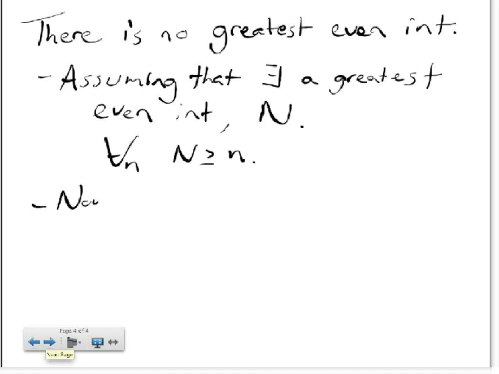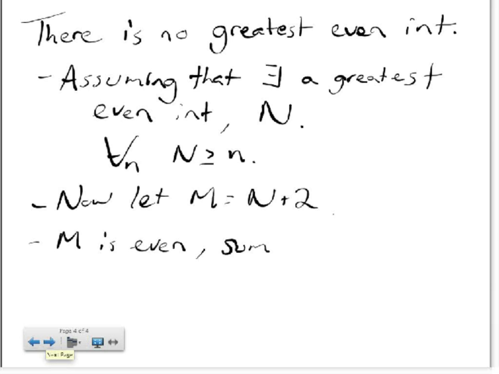Now, let's have a new variable that we're going to call m be equal to capital N plus 2. We know that m is even because it is the sum of two even integers.